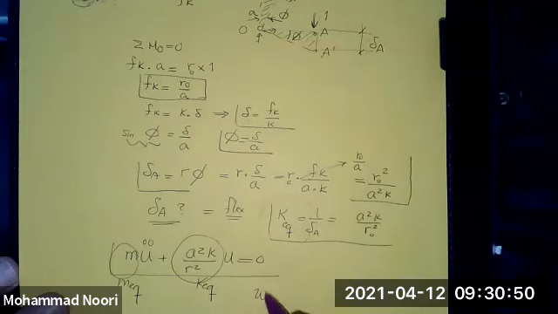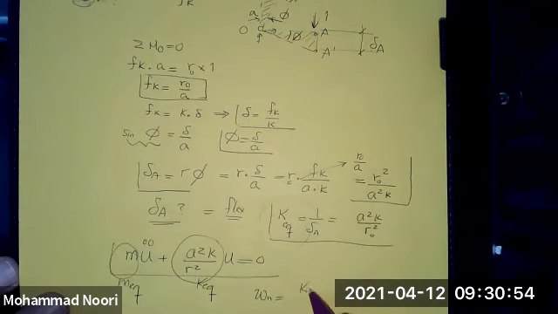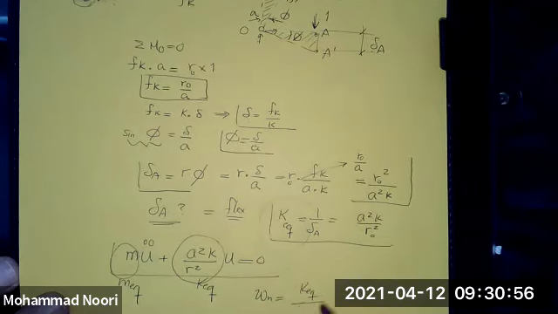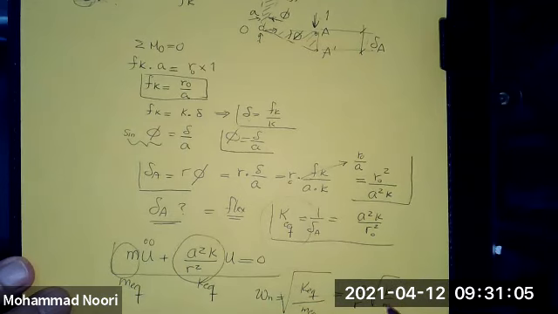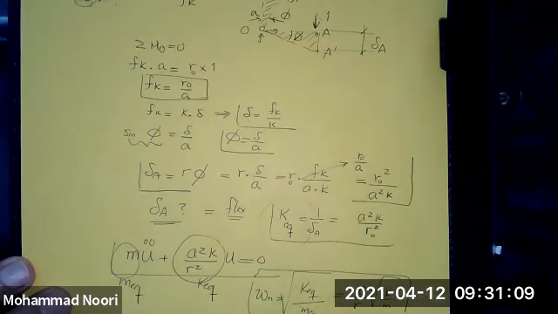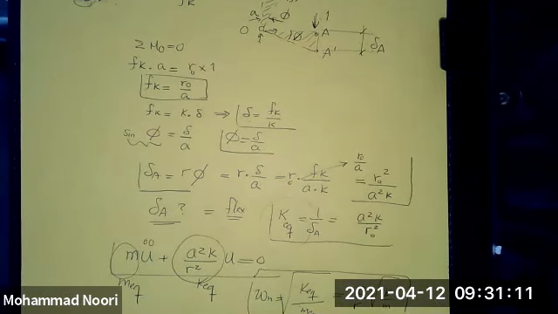If you want to find the natural frequency of this system, it would be the square root of K equivalent over mass equivalent, so simply A over R times the square root of K over M. Any questions? Very simple, right?